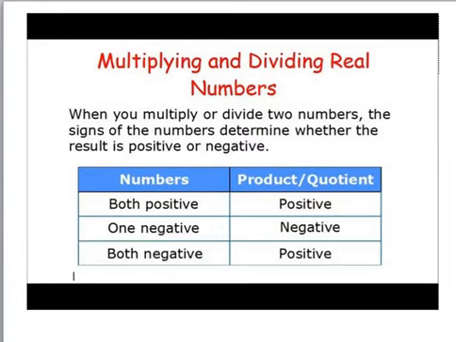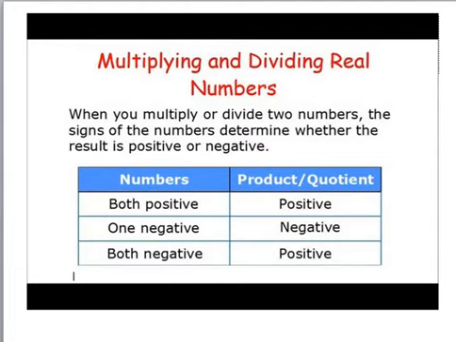If both of the factors are positive, when you multiply them with each other, the product and the quotient are positive. If one of them is negative, the answer will be negative. As I said before, the negative sign is stronger than the positive sign, so it keeps itself.